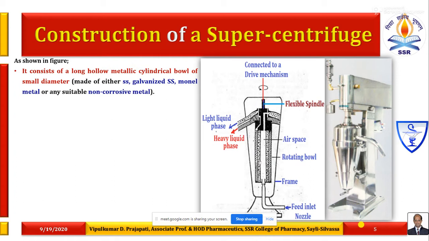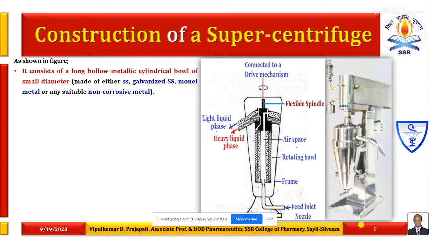If the radius of this non-perforated basket centrifuge, that is super centrifuge, is decreased by 50% and the revolutions per minute are doubled, means the rotation is doubled, then the linear speed of the basket and hence the tensile stress on the wall is unchanged, but the centrifugal force has been doubled.